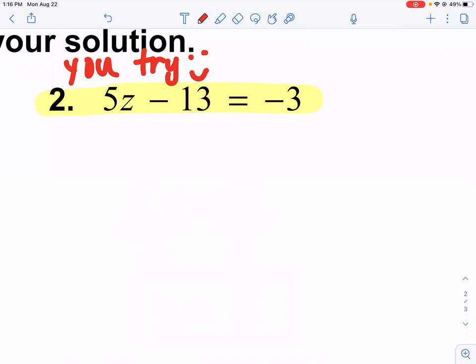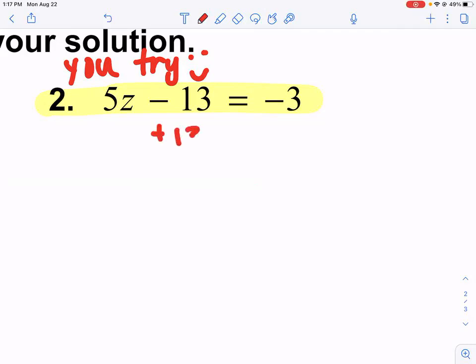If 5z equals 10, what's z? All right, Gavin, what do we do first? Yeah, 13.